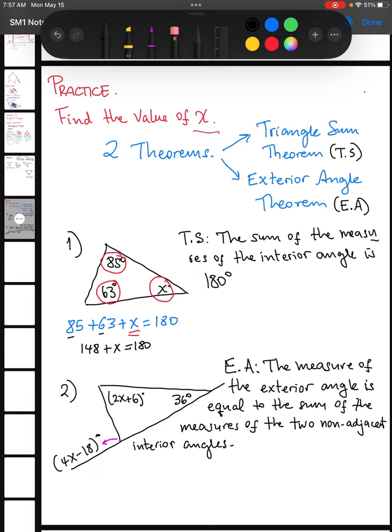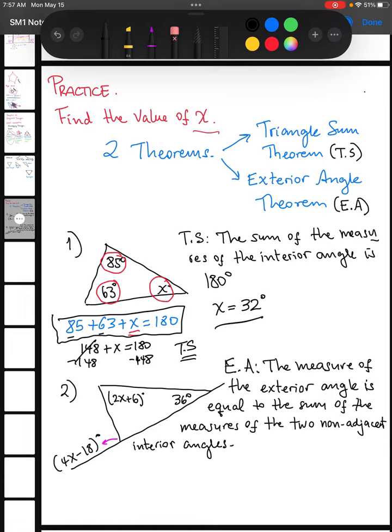And then we subtract 148 on both sides, which means this is canceled out and then x is going to be 32 degrees. We're done. How did we solve it? By setting up an equation that is supported by the triangle sum theorem.